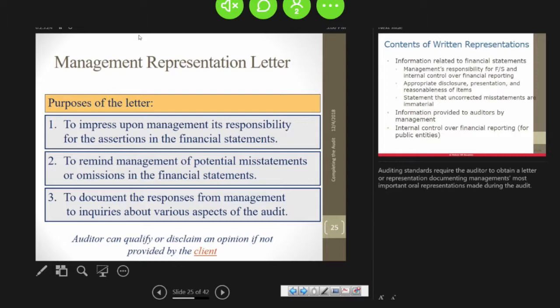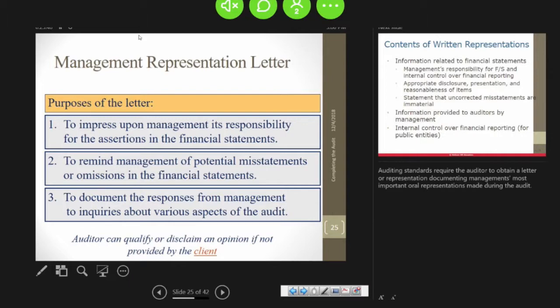It's a form of an audit procedure. So if management is not willing to provide this information to the auditors, that can be considered a scope limitation, and then the auditor will consider disclaiming an opinion on the financial statements. We will talk about that on Thursday. We'll talk about audit reports.